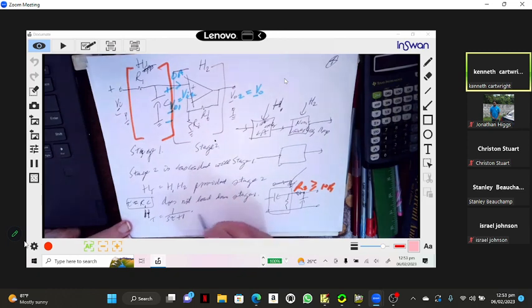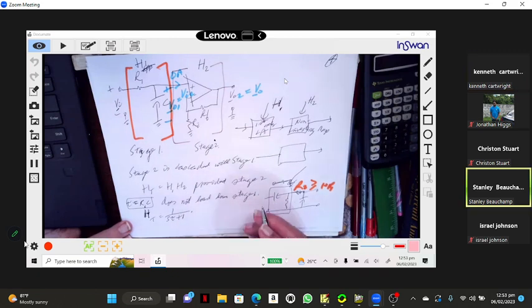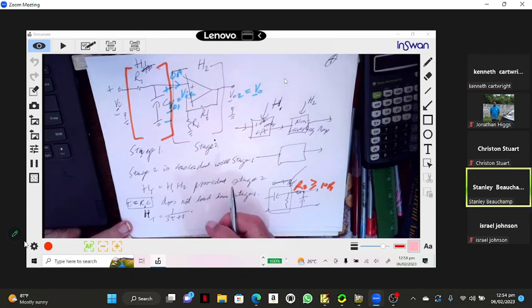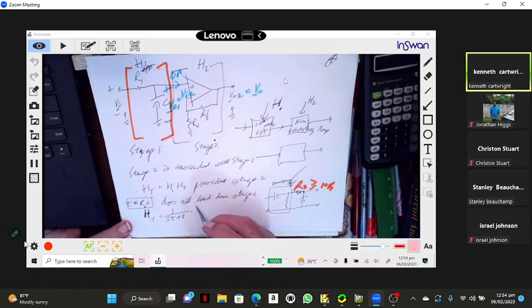What's the gain of stage 2? What's the transfer function of stage 2? It's negative RF over RI. Or you could say, let me see. It's a non-inverting amplifier. There's no negative involved.